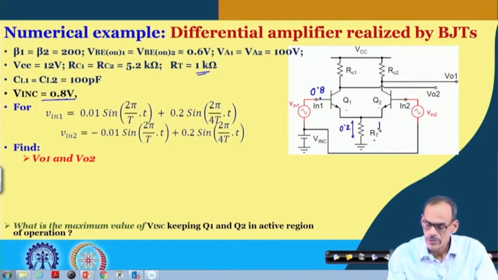So, the current flow here is just 0.2 volt divided by 1 K. So, that is 0.2 milliampere.